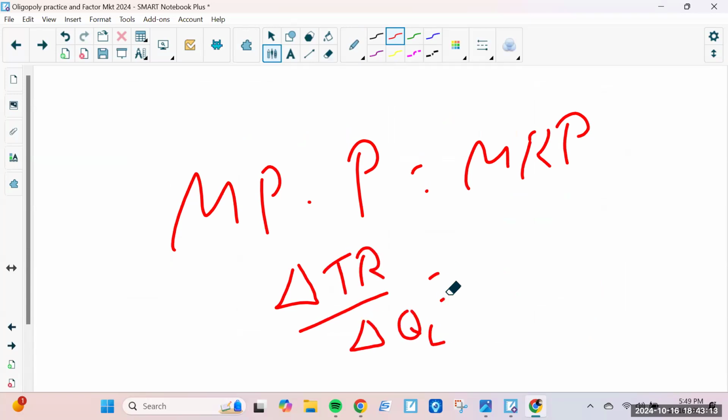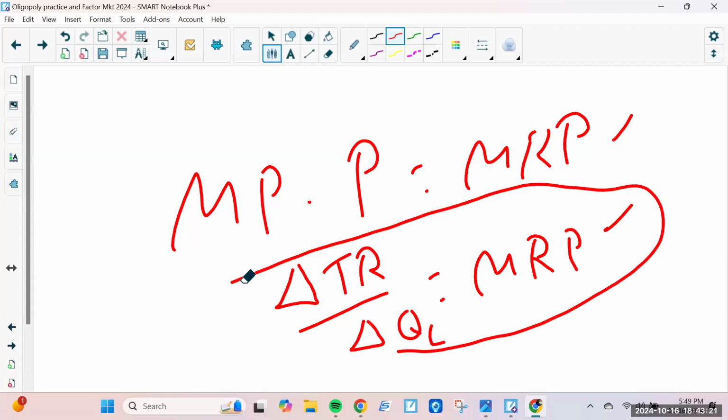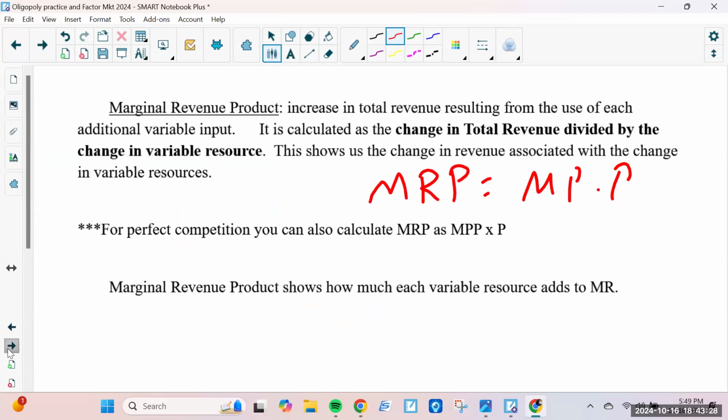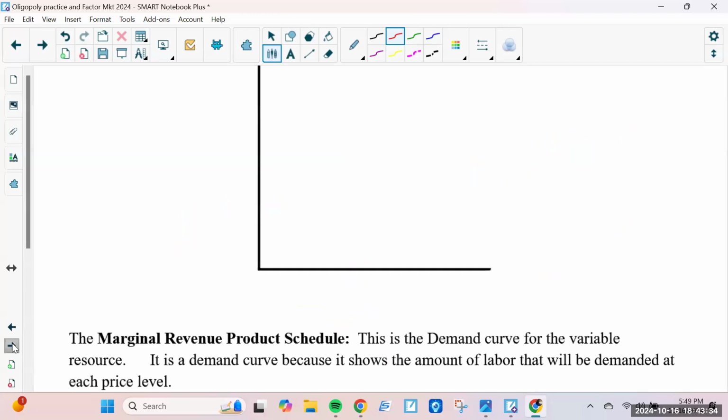Remember, delta is change. That's your MRP. For a perfect competitor, either way will work. For a monopsony, only this way will work. They may give you numbers in a word problem, and you have to be able to calculate it, and understand that you calculate one way for perfect competition.